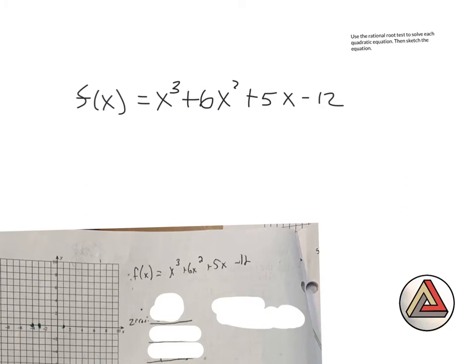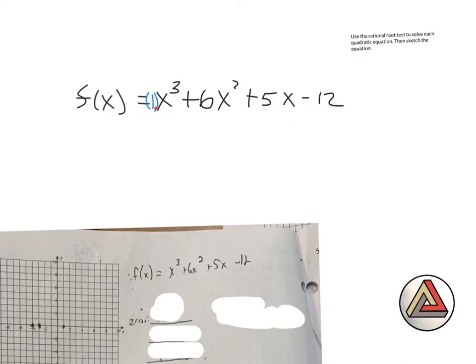when using the rational root test, you need to focus on the constant that's at the tail end, and you need to focus on the first coefficient. Now, the first coefficient is a 1.